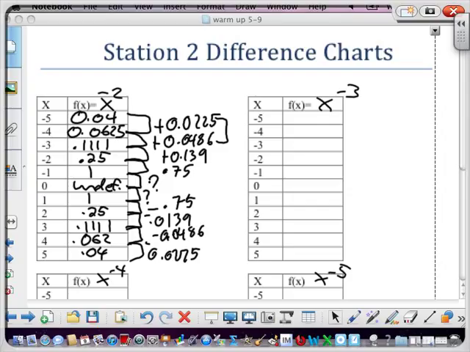0.0486 minus 0.0225. We get 0.20231. Between these two, so 0.139 minus 0.0486, we get, they're not the same.